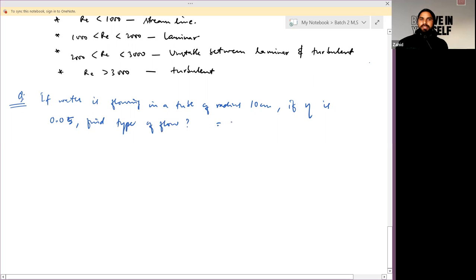Take rho equals 10 to the power 3 kg per meter cube and velocity of liquid 20 centimeter per second. Just put all the values and try to find the Reynolds number.